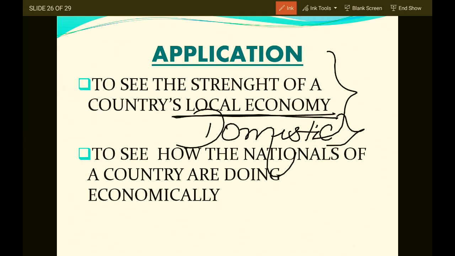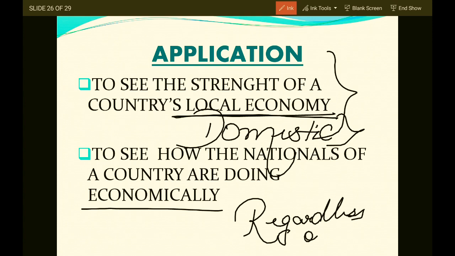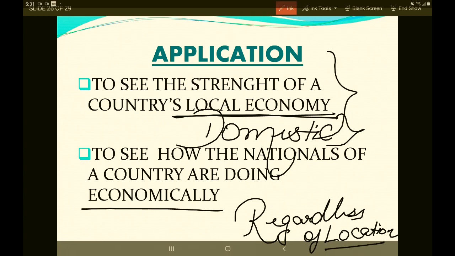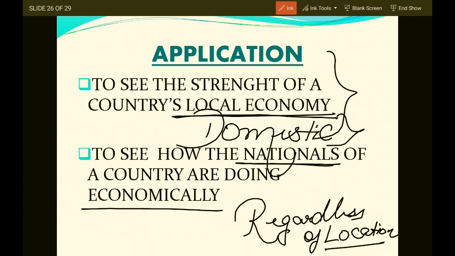Now, GNP is to see how the nationals of a country are doing economically, regardless of the location. Through GNP, a country analyzes how the nationals are doing economically, how they are functioning.